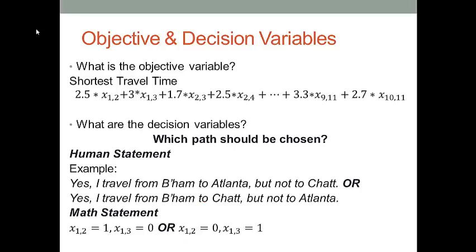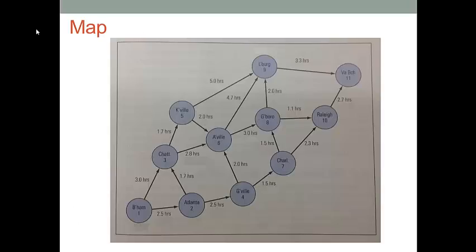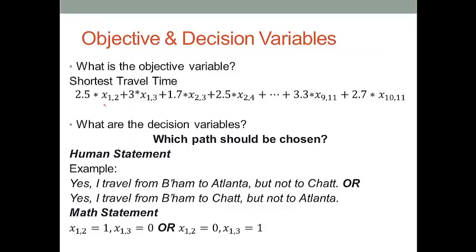Since every path in the map has a possibility of being chosen, and also we already know the time on each path, when we build the objective function, we should use the time to multiply the variable for each path. As you can see here, 2.5 times x sub 12 plus 3 times x sub 13 and so on and so forth.